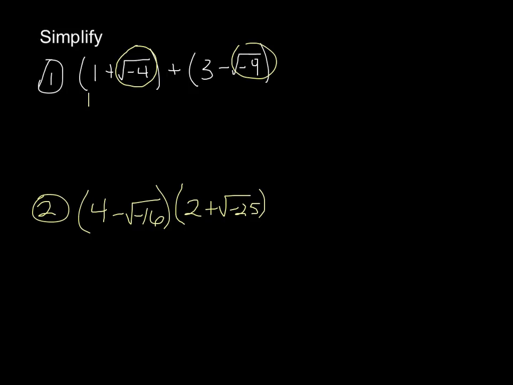So that would become 1 plus, remember the i would come out with the negative, so I could think of this as i square root of 4, but the square root of 4 is 2. So it becomes 1 plus 2i. Plus, over here, my square root of negative 9, remember the square root of the negative would become i. The square root of 9 is 3, so I'd have 3 minus 3i.